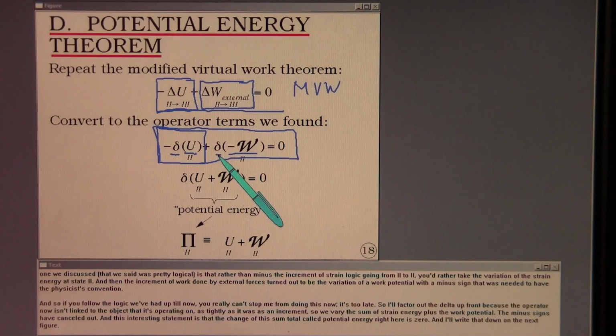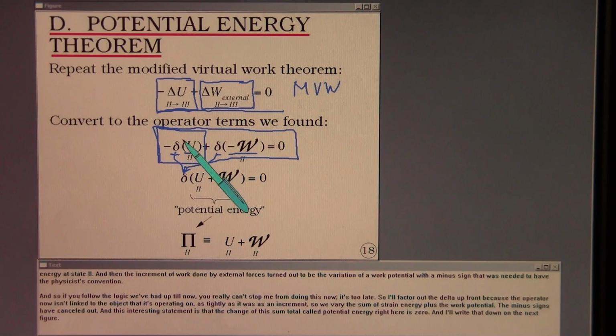And I'll factor out the delta out front, because the operator now isn't linked to the object that it's operating on as tightly as it was as an increment. So we vary the sum of strain energy plus the work potential. The minus signs have canceled out. And this interesting statement is that the change of the sum total, called potential energy right here, is 0. And I'll write that down on the next figure.